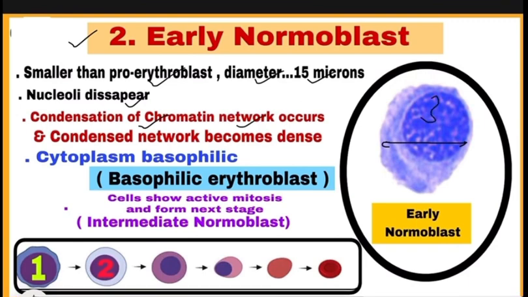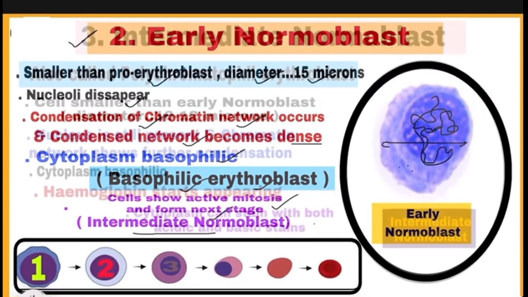You can see here, this is the nucleus and the condensation of chromatin network takes place further, and this condensed network becomes dense. Next, cytoplasm is basophilic, and that's why it is also called as basophilic erythroblast. Here also, cell shows active mitosis and form next stage called as intermediate normoblast.